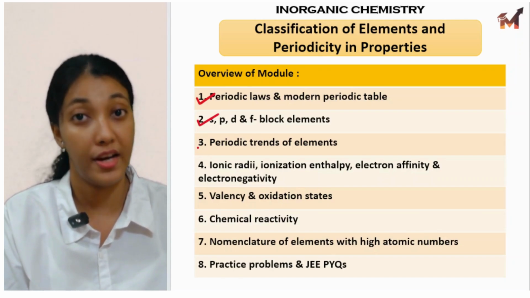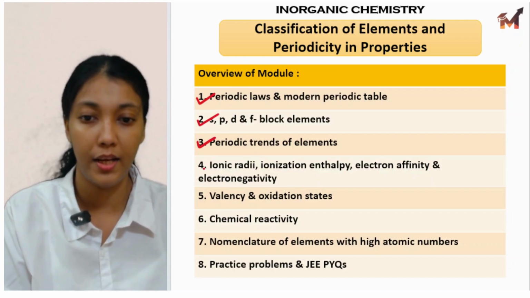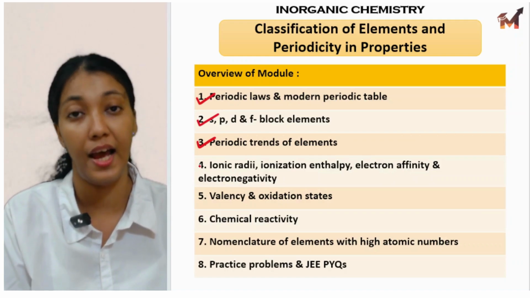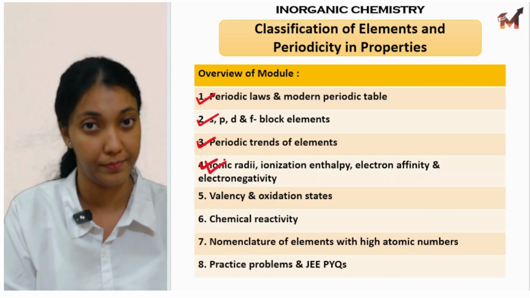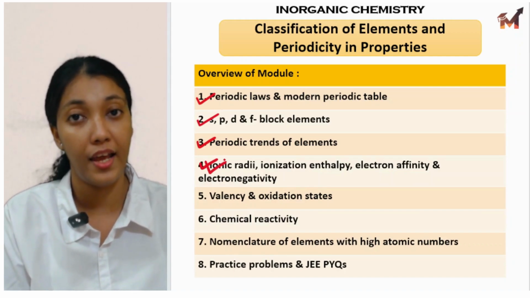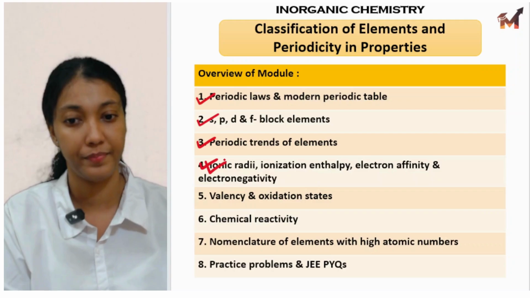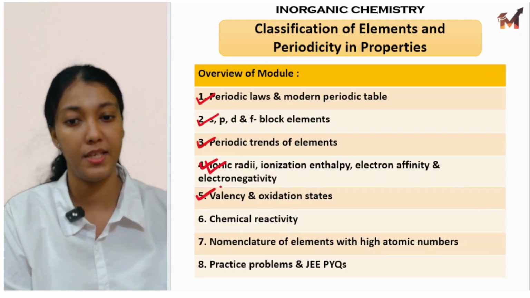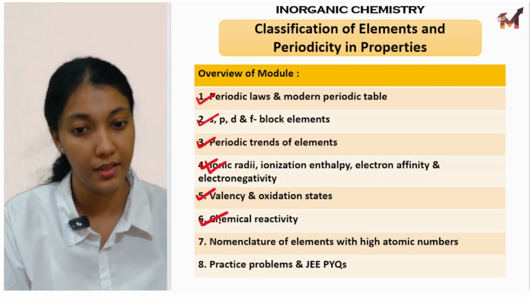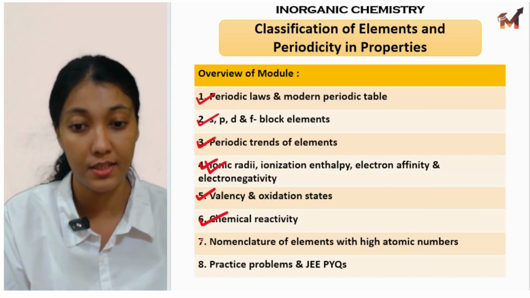हम देखेंगे पीरियोडिक ट्रेंड्स ऑफ एलिमेंट्स, कैसे प्रॉपर्टीज हम स्टडी करेंगे. मोस्ट इंपॉर्टेंटली आयनिक रेडियाई, आयनाइजेशन एंथैल्पी, इलेक्ट्रॉन एफिनिटी एंड इलेक्ट्रोनेगेटिविटी. इनका कैसा ट्रेंड रहता है फ्रॉम लेफ्ट टू राइट, फ्रॉम टॉप टू बॉटम इन अ पीरियोडिक टेबल. वी विल स्टडी. नेक्स्ट वी विल स्टडी वैलेंसी एंड ऑक्सीडेशन स्टेट्स ऑफ डिफरेंट एलिमेंट्स, केमिकल रिएक्टिविटी and nomenclature of elements with high atomic numbers.